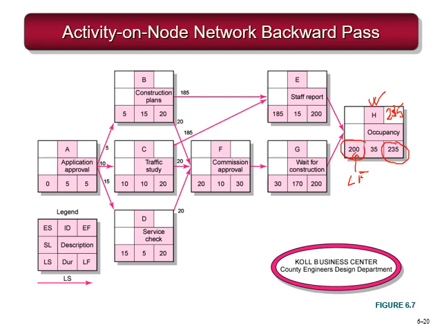Now I have got activity E and activity H. So the late finish of activity E and activity H would be 200, same as the late finish of the predecessor activity.